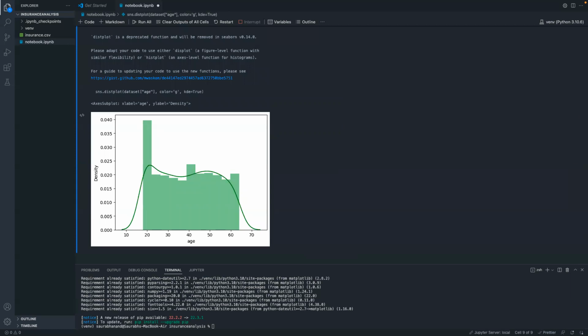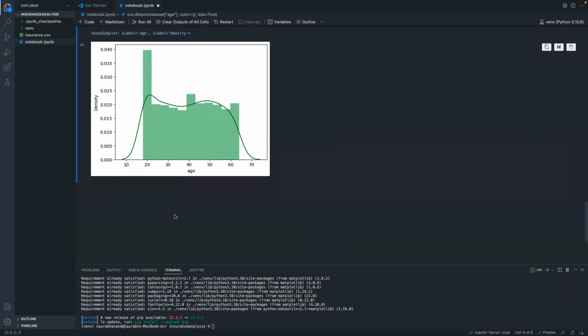I would like to explore the distribution of smokers for this age. Are there other people in this age group who are smoking? And what are the charges that people in this group are incurring for insurance? Probably we'll do that in the later stages.